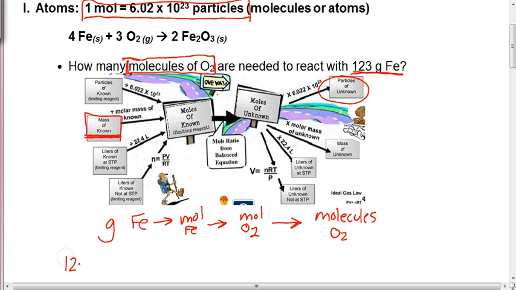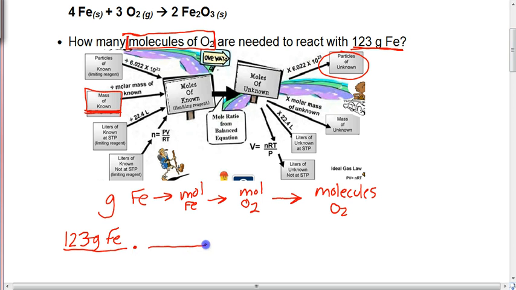So we're starting with 123 grams of iron. And the first thing we want to do is convert that to moles. Using our periodic table, we know that 1 mole of iron weighs 55.9 grams. We put grams on bottom so that they will cancel out. That was our first step.